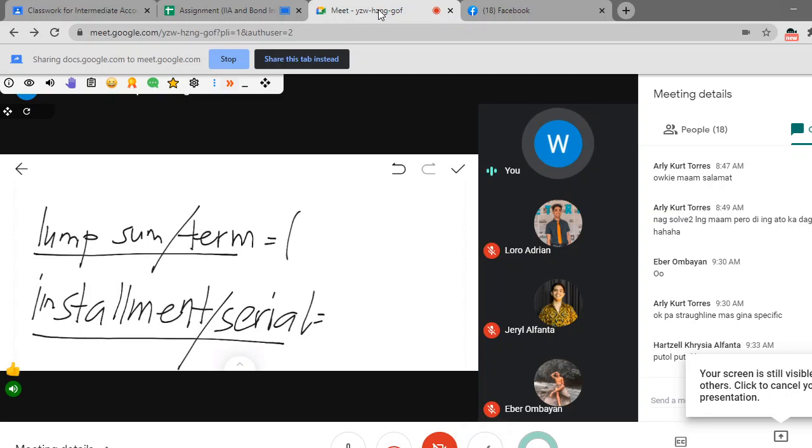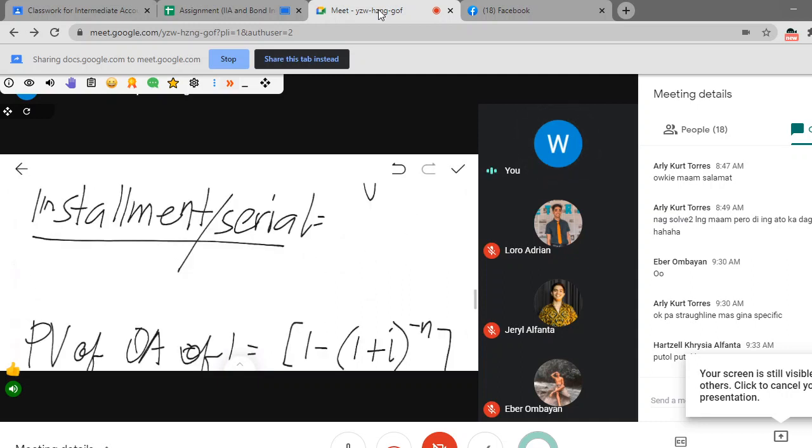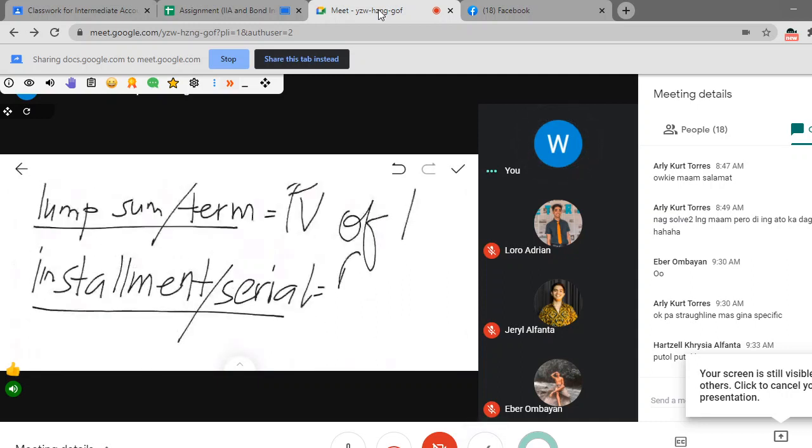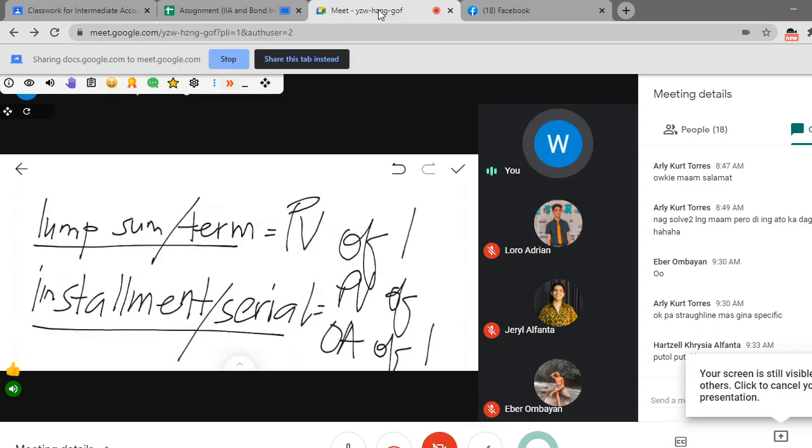Ayan, mali yung mga sinabi ko kanina. However, if we are using the installment, we are going to use the PV of ordinary annuity of 1. Okay? Again, pag term or isahan lang na pagkabayad, isa ka maturity lang, we have PV of 1. If it's installment, we use PV of ordinary annuity.